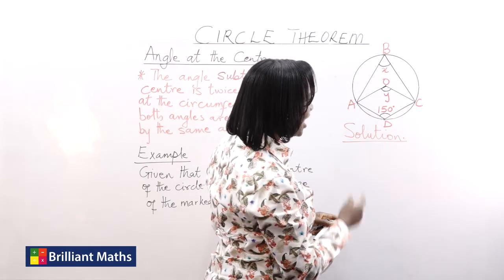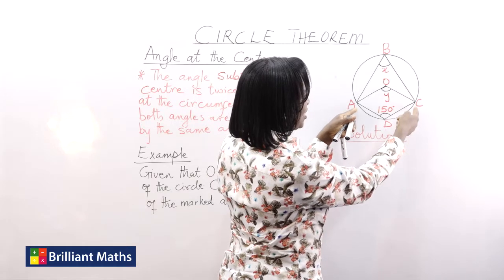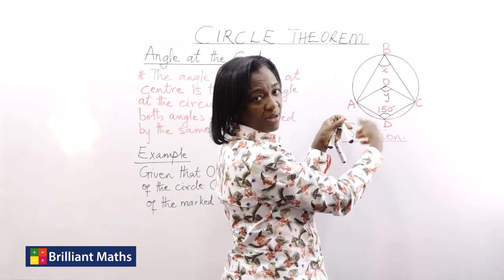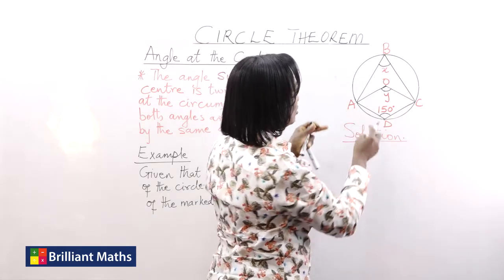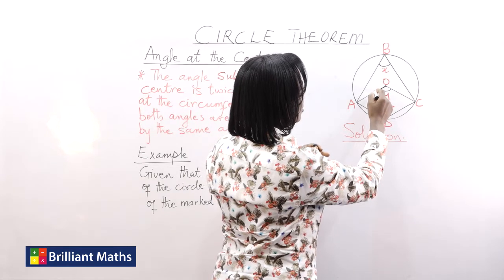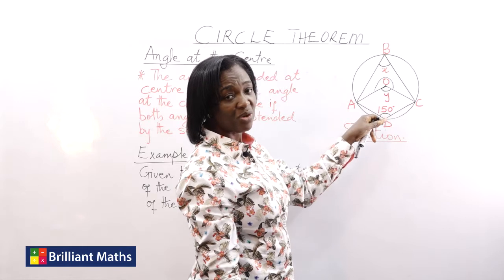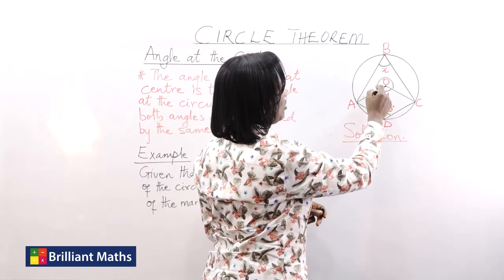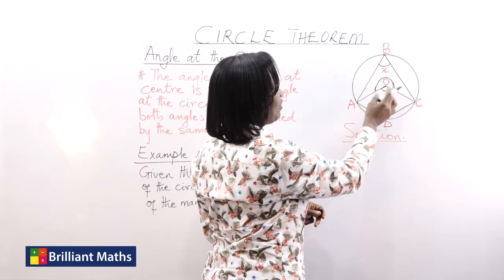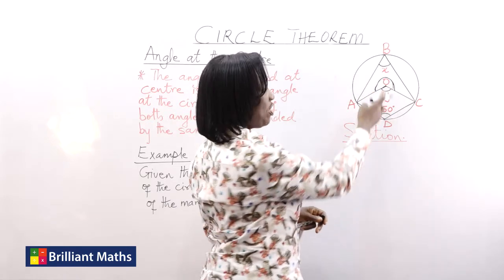The angle at the center that major arc AC subtends is not given, but we can determine that angle. So this angle, which is not given, is equal to twice the angle at the circumference, 150. So this major angle here will be equal to 150 times 2, which is 300.